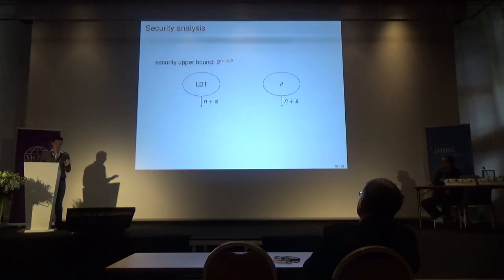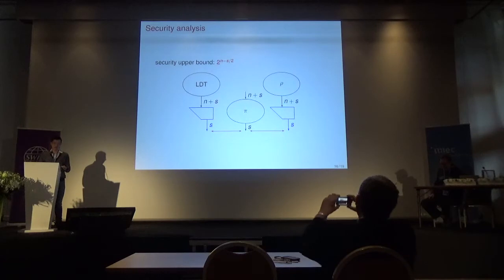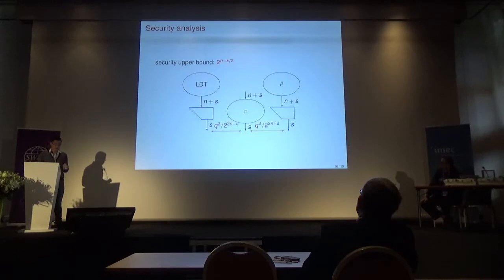So the adversary needs to distinguish LDT from random, and he can reduce his advantage to distinguish truncated LDT from the truncated pseudo-random length preserving permutation. This advantage is upper bounded by the advantage to distinguish truncated LDT from a random function, plus the advantage to distinguish the random function from a truncated version of the length preserving random permutation, and those are the results.